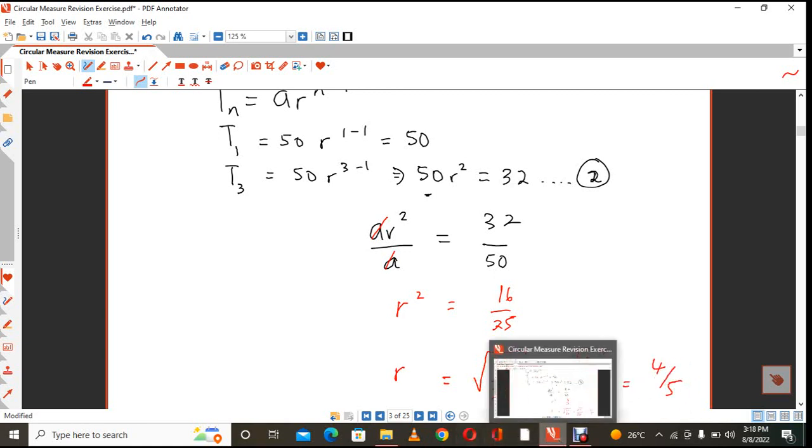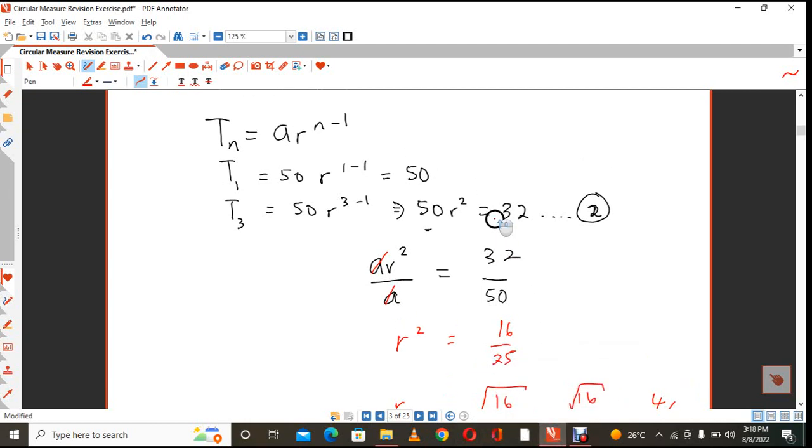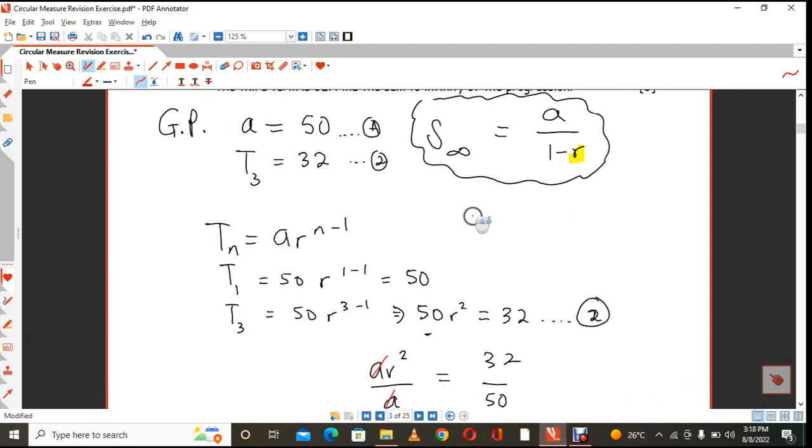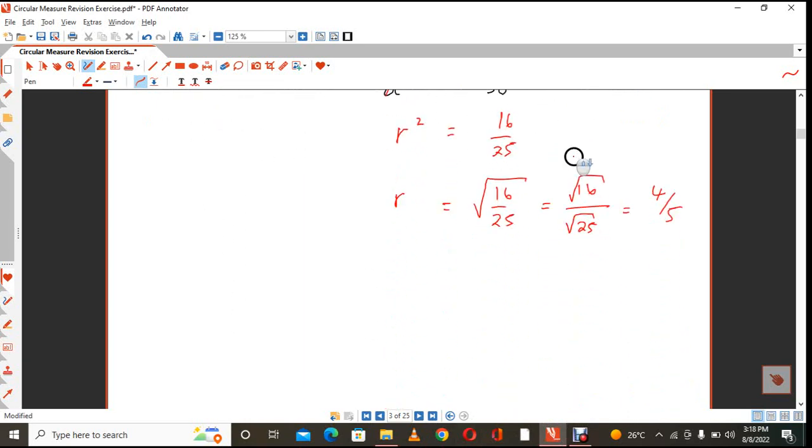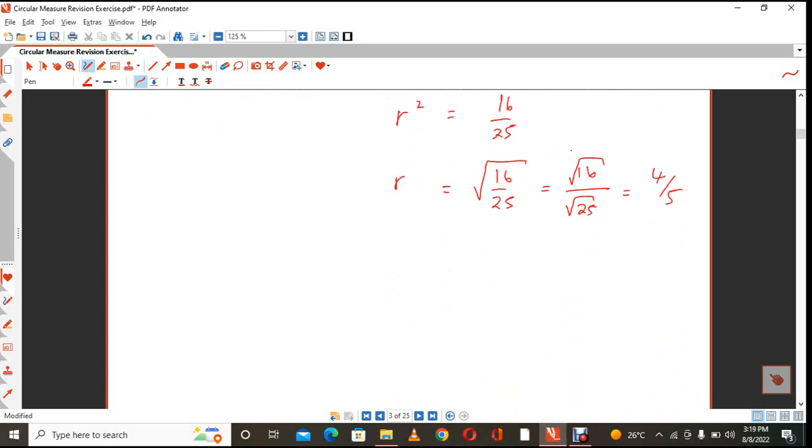Now we know what the value of R is. Once we know the value of R, we can find the sum to infinity. The sum to infinity will be A, which is 50, over 1 minus 4/5. This answer will be 250 if you multiply it out.